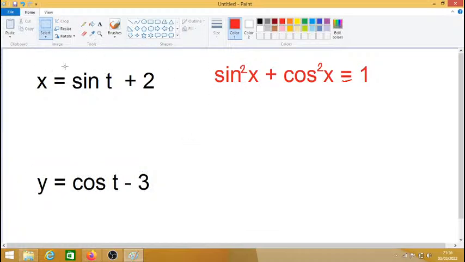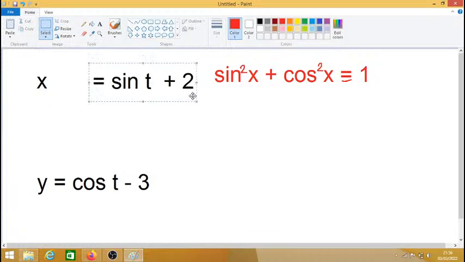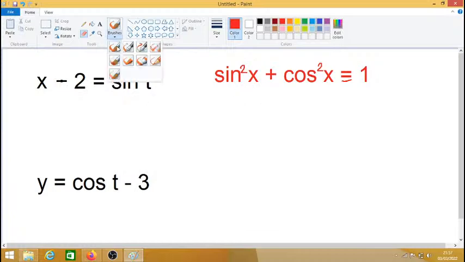Let's start with keeping the sine here, but taking the plus 2 across, and that'll turn into a minus 2. So now I've got sine on its own. I want sine squared, so let me square both sides.